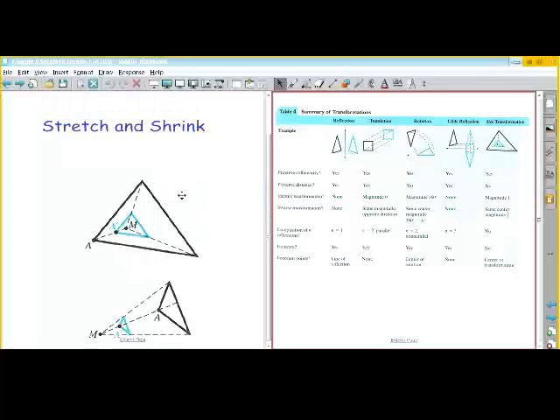And the final transformation you can do is to shrink or stretch things. This example is kind of like a three-dimensional, well, actually it's not a three-dimensional triangle. It is a large triangle, and these dashed lines represent the middle of the triangle.